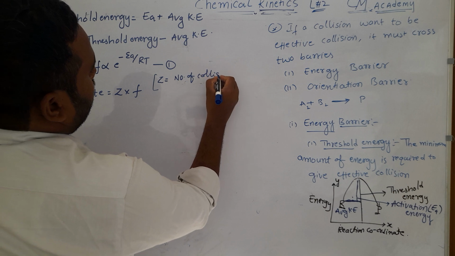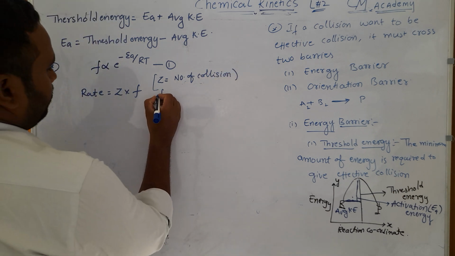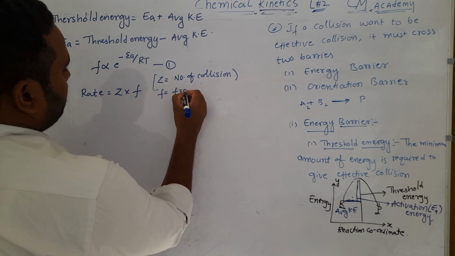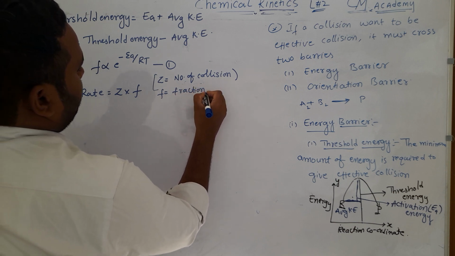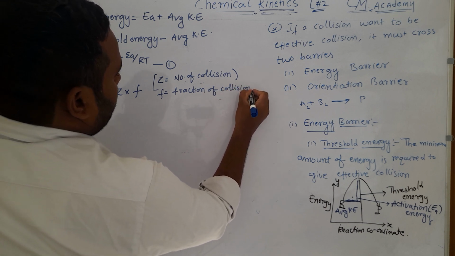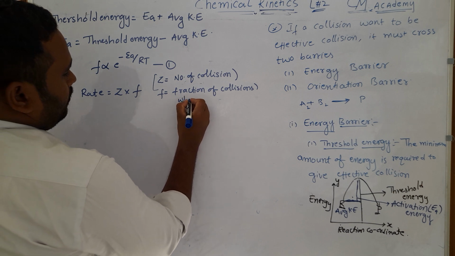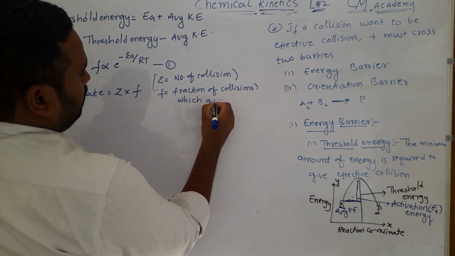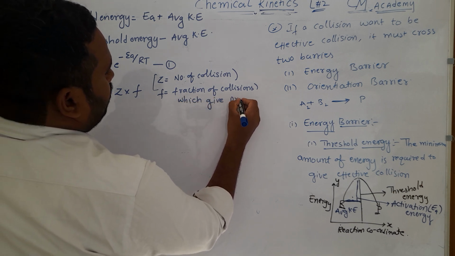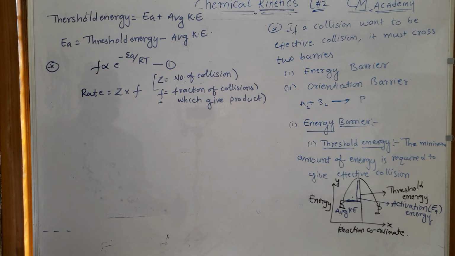Where rate means rate of reaction, we already know, and Z is equal to number of collisions or collision frequency, and F is the fraction of collisions which give product. So that is called F, fraction of collision.